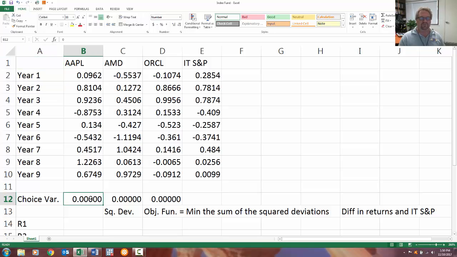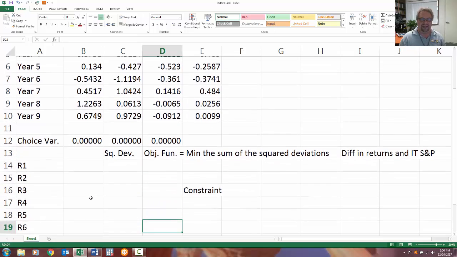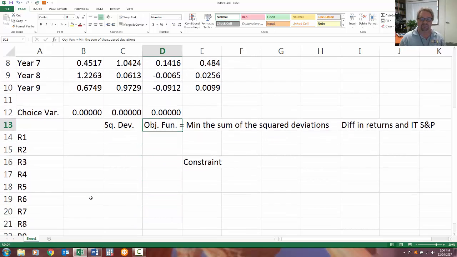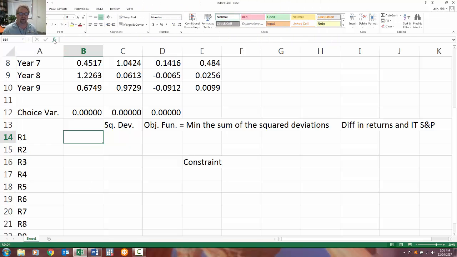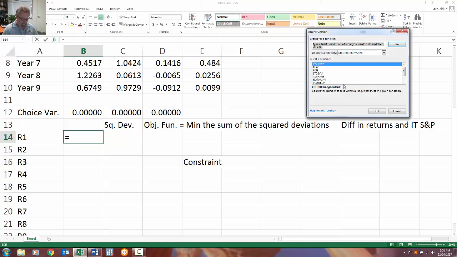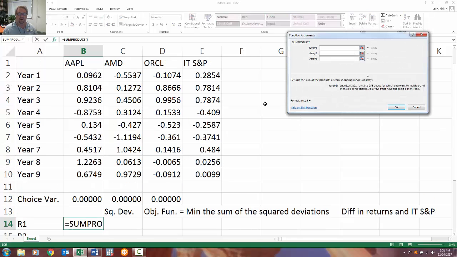All right, so anyway, I got everything plugged in. And then, of course, I have my choice variables, right? So this is the percent of Apple that I would purchase, percent of AMD, percent of Oracle. And then here, I need to calculate my returns for the various years. So this is going to be a sumproduct function.